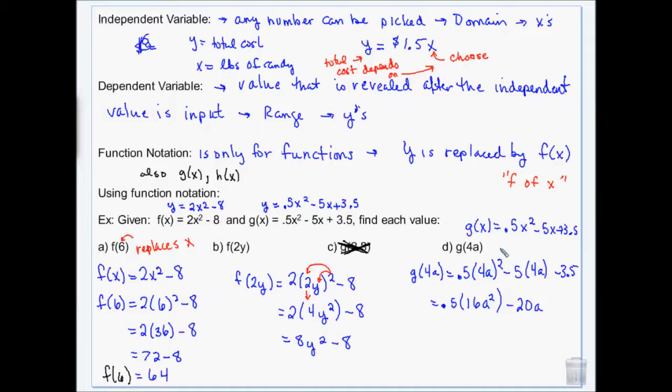I took this squared, right? And I have to square the 4 and the a. And then 3.5 just hangs out. And then I have to do 0.5 times 16, so that's 8a squared minus 20a plus 3.5.